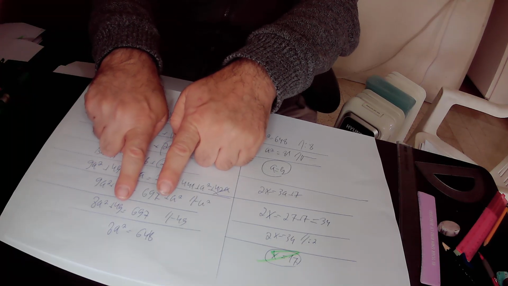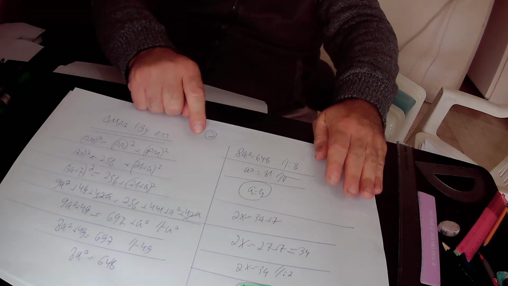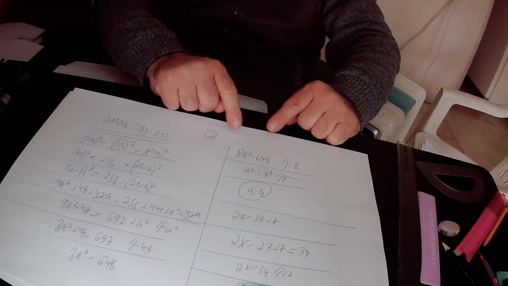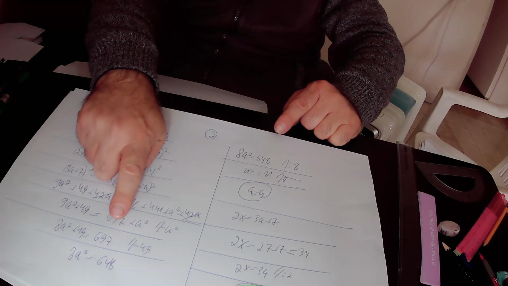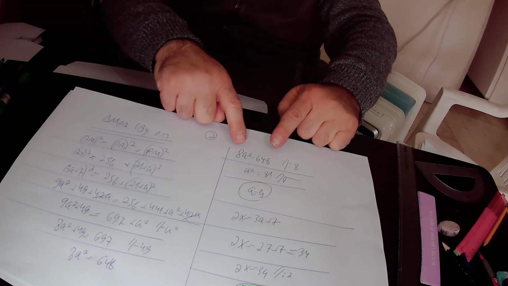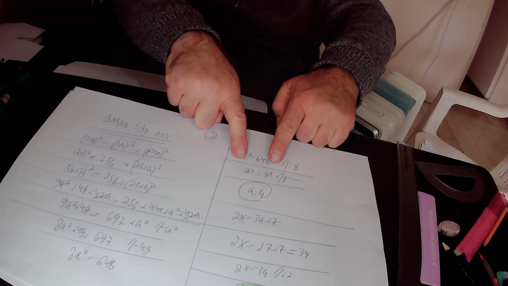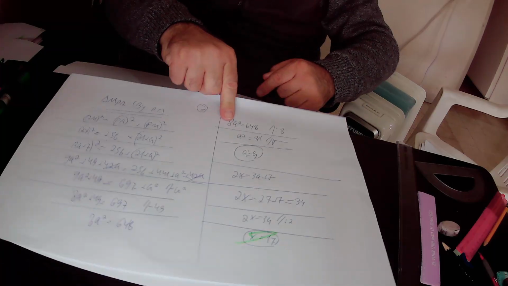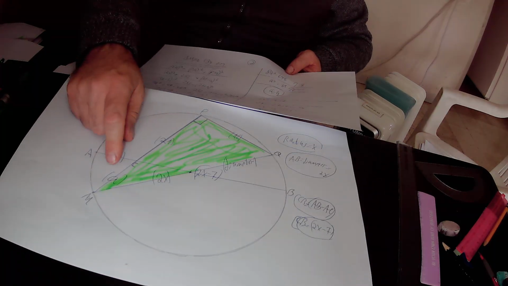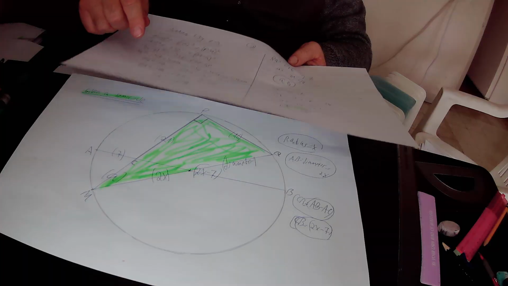Here we divided this equation by 8, and finally found out that a squared equals 648 over 8, which is 81. So a squared equals 81. Here we took the square root of this equation, and we found out that a equals the square root of 81, that is 9. So a is equal to 9 units in length.